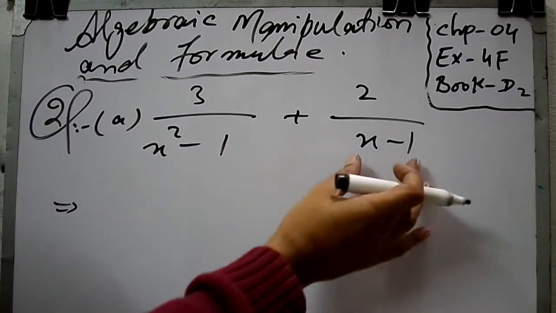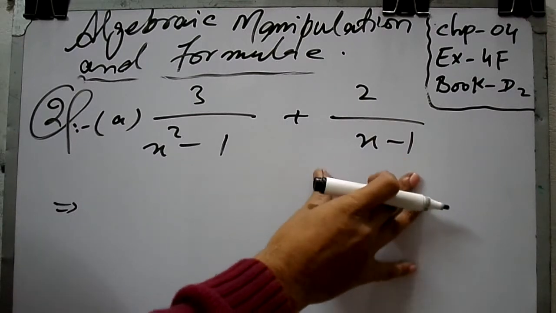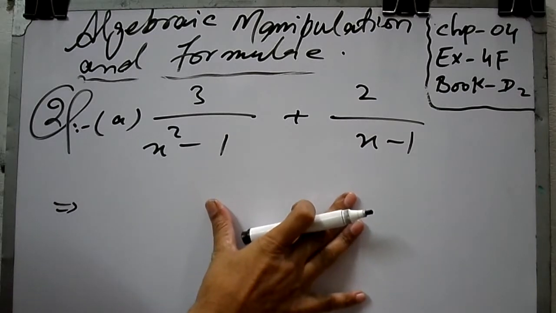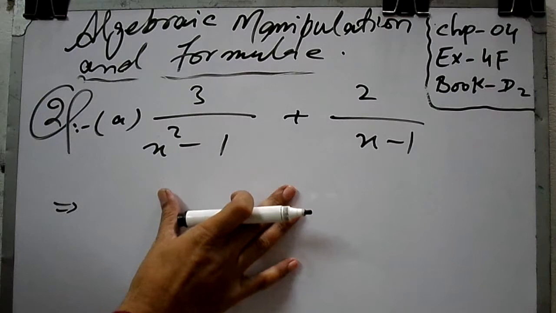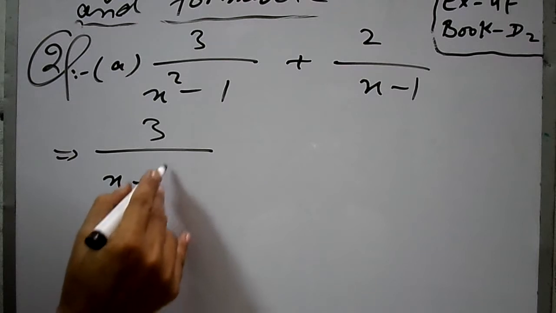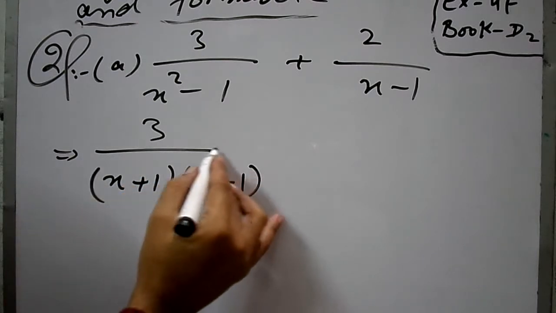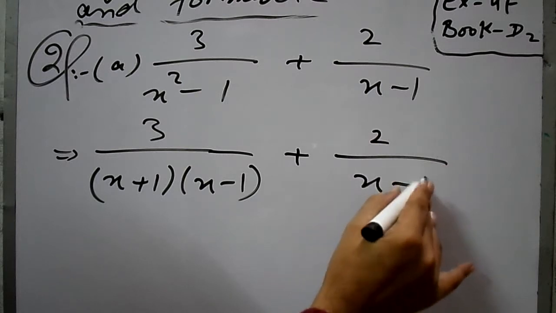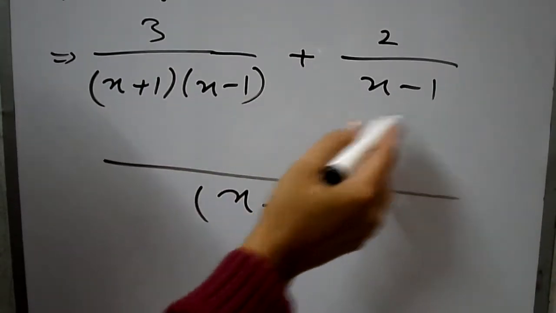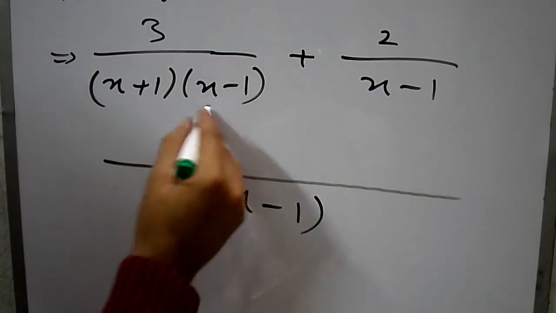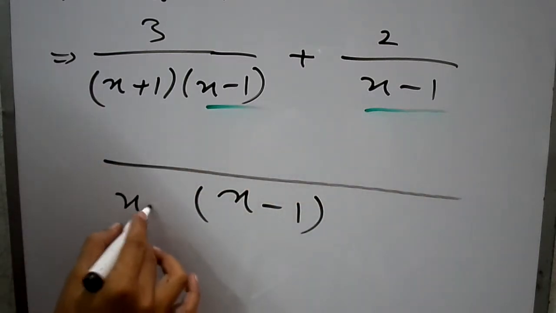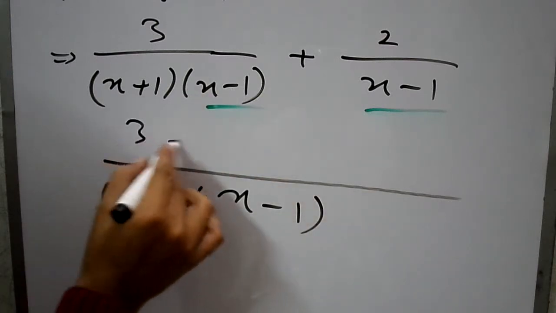Our denominator should match with the other term so that we can easily decide to take the LCM. Because what is LCM? LCM means the product of common into product of non-common. So first of all you have to find its factors, that is you can write as x plus 1, x minus 1. Now here is x minus 1. So the product of common into non-common, when you take the LCM it is easy.